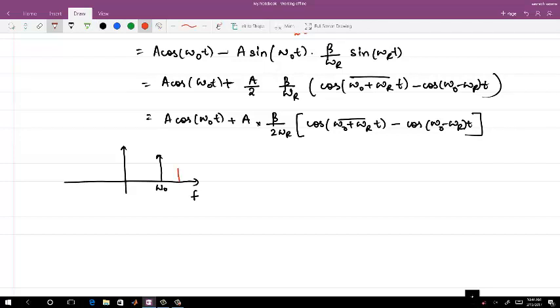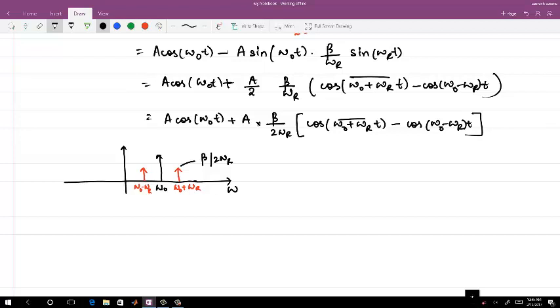One is at omega naught plus omega R, the other is at omega naught minus omega R. What is the magnitude of that? The magnitude is equal to beta by 2 omega R.